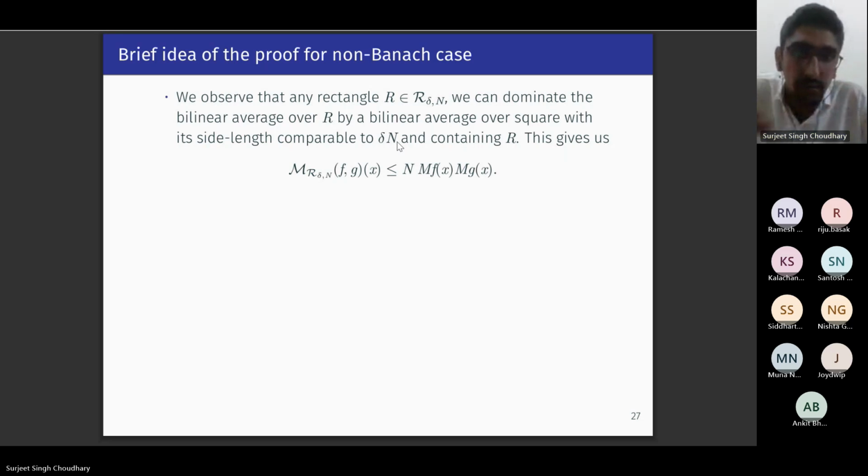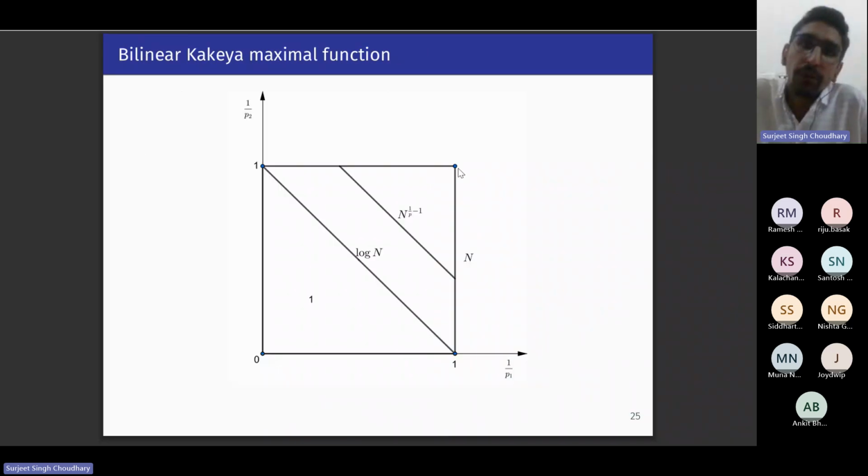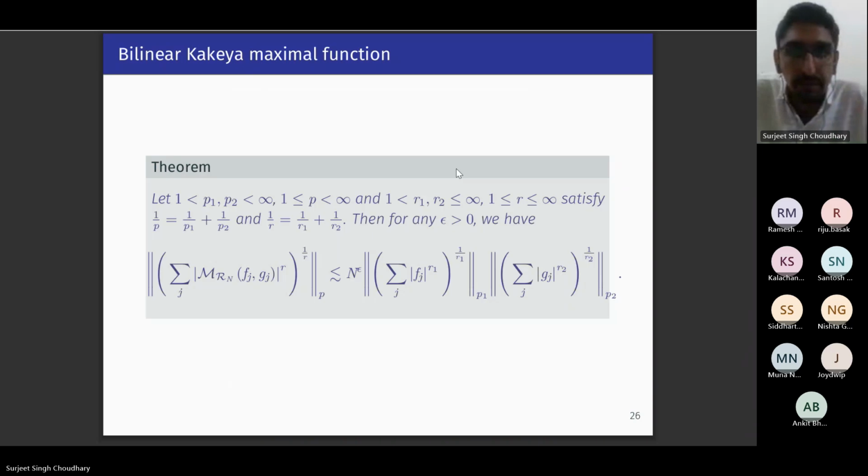And when we dominate it by a square and want to compute the average over this square, we have to multiply and divide by n to dominate the bilinear Kakeya maximal function by n times the Hardy-Littlewood maximal function for f times the Hardy-Littlewood maximal function for g. And so this will give us weak type boundedness at the endpoint (1, 1).